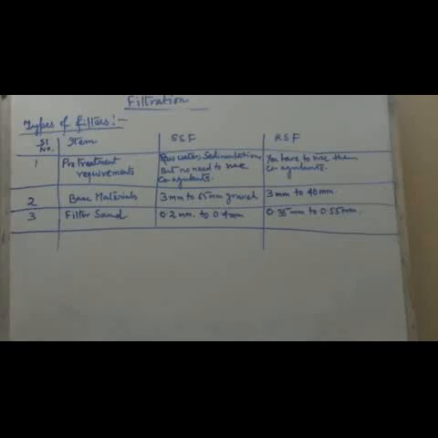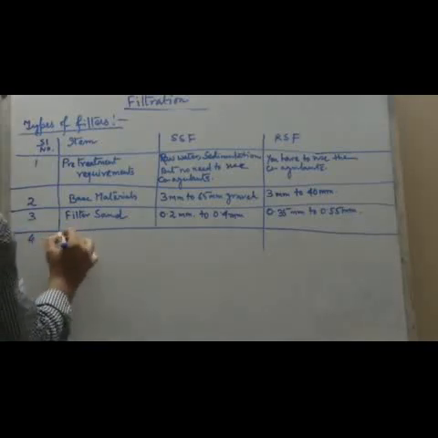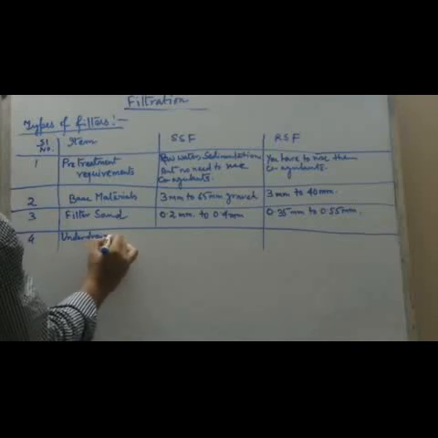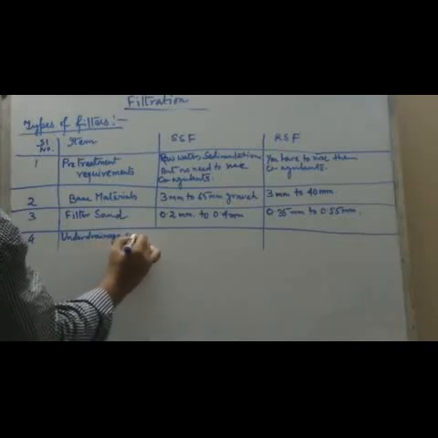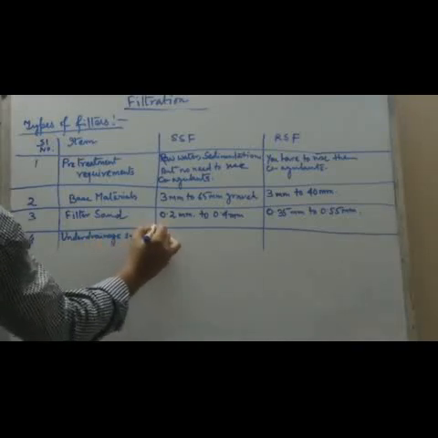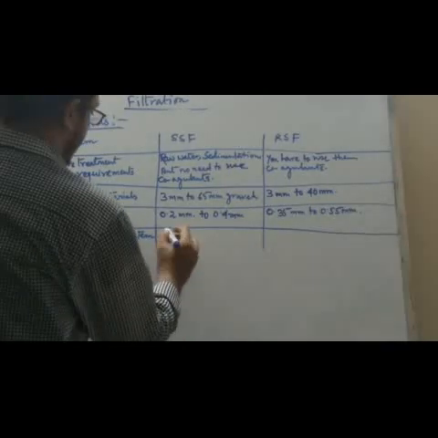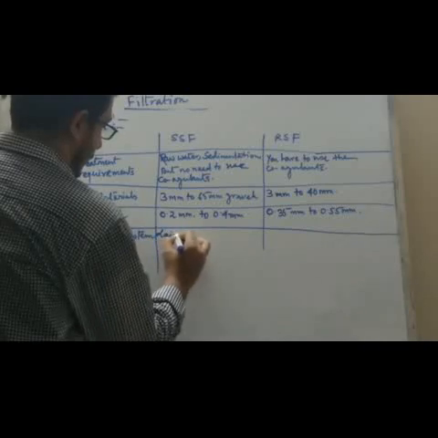The fourth thing is the underdrainage system. For the slow sand filter, it is laid in order to receive the filtered water.